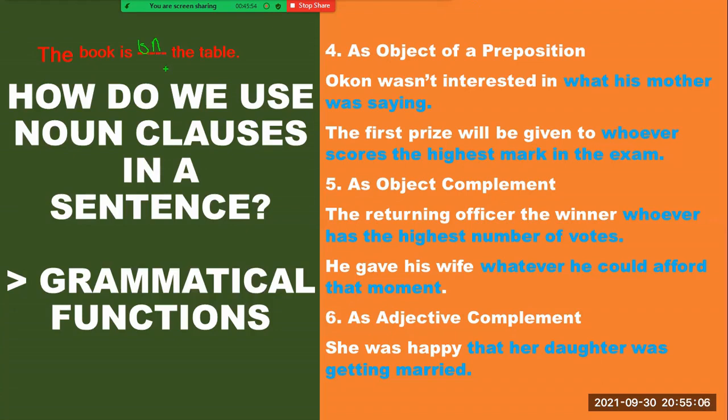There's a relationship between the book and the table, and the relationship is indicated by the preposition on.